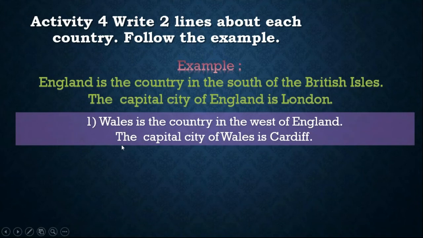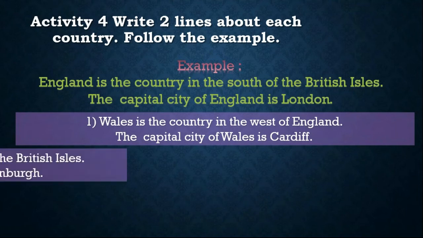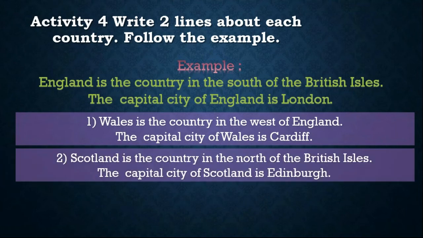Now, third one. Scotland is the country in the north of the British Isles, yeah. The capital city of Scotland is Edinburgh. All right. Thank you very much. That's it. So Scotland is the country in the north of the British Isles, and the capital city of Scotland is Edinburgh.